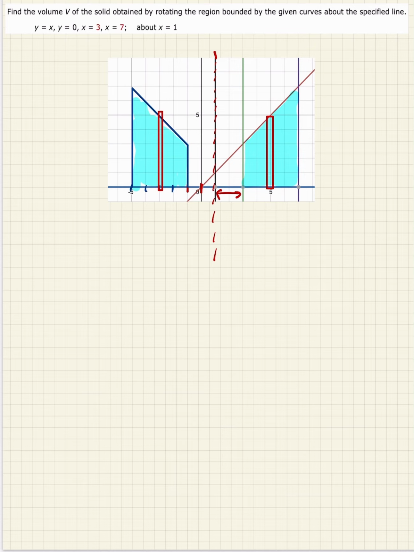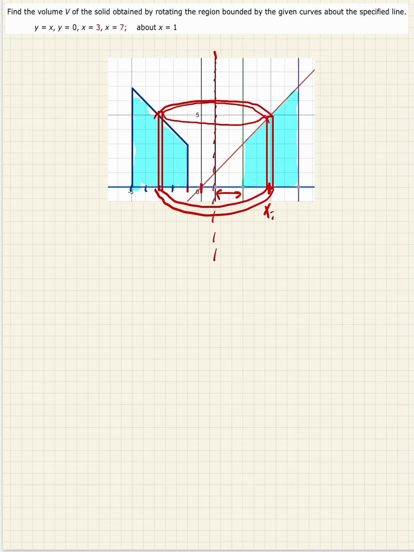And if we rotate about this line, we would have something that looks like this, and it would occur at this arbitrary x sub i.